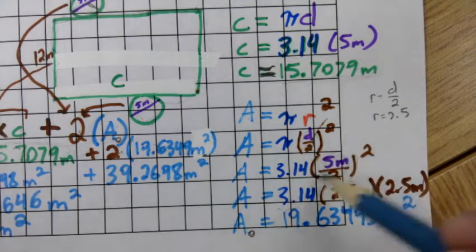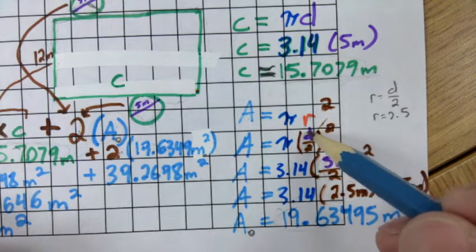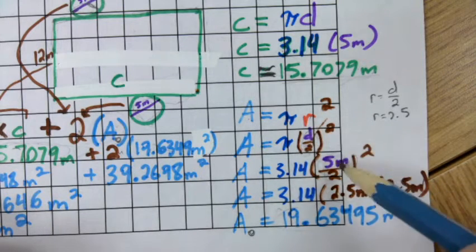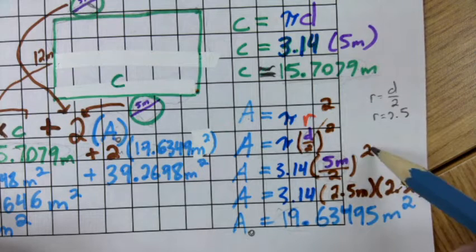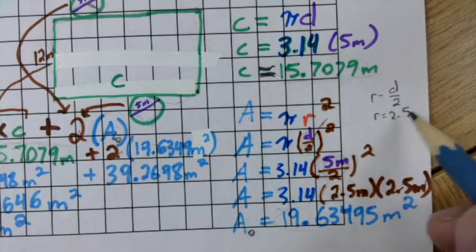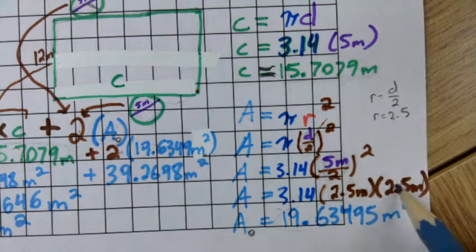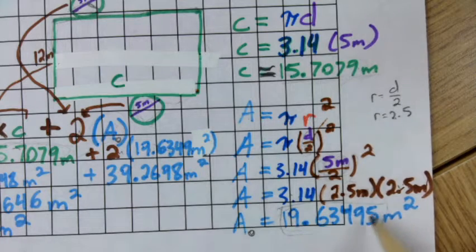Or we can do it this way where I've kind of done the whole thing together. We don't know what r is, but r is d over 2. So 5 over 2, which is 2.5, and we're going to square that 2.5. That's what this 2 means. So if we know radius is 2.5, radius squared times 3.14 is 17.63495.